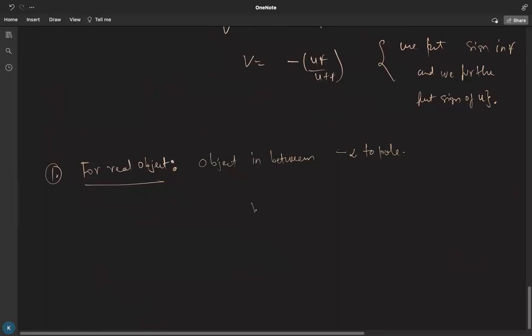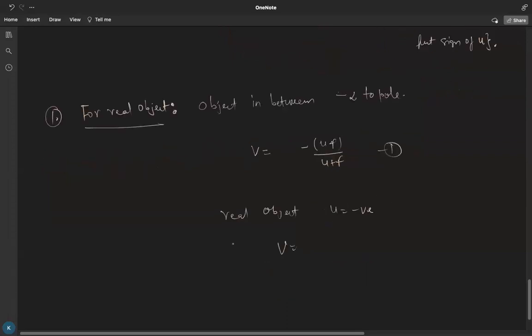So here we have v is equal to, since we all know, minus uf by u plus f, right. So the object is real, that means u is actually negative, okay? This is equation 1.